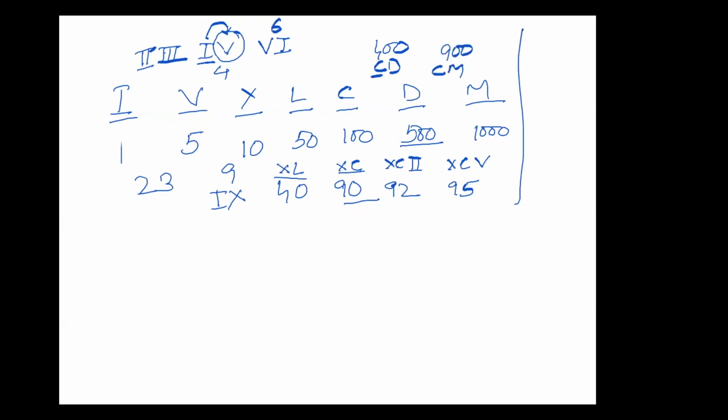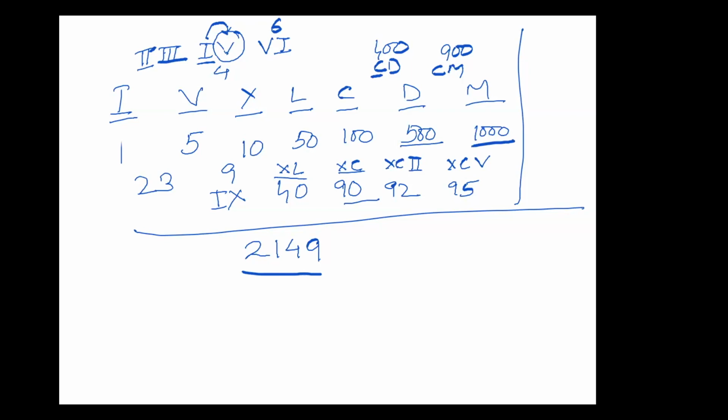Let's take another example. Let's say our number is 2149. Whenever we want to get the Roman numbers, first we have to understand how that summation of the number can be formed. While doing that, let's start from the biggest number available in our list. 1000 is the biggest number that we can see.